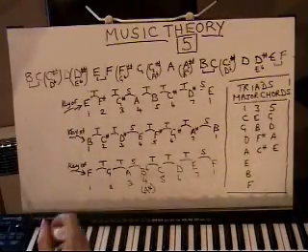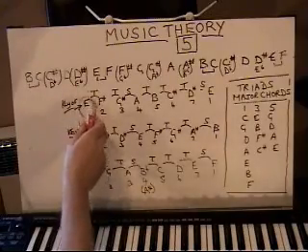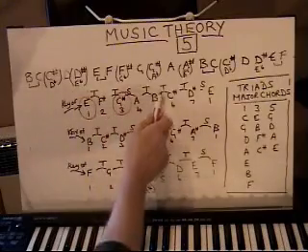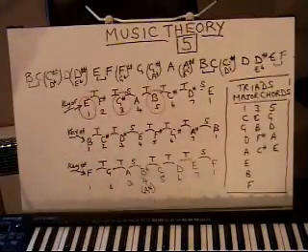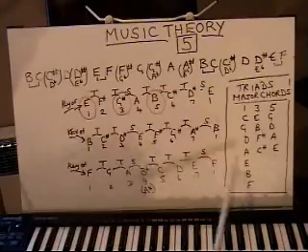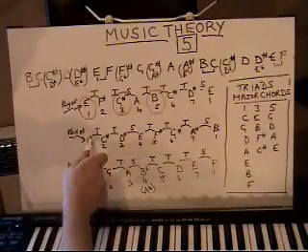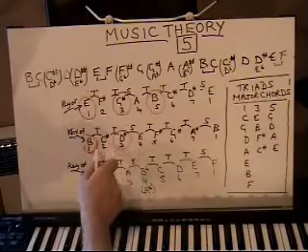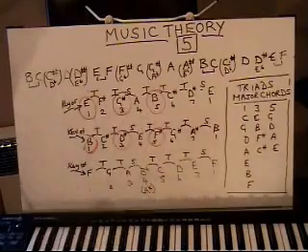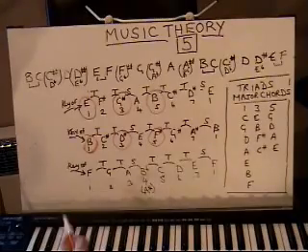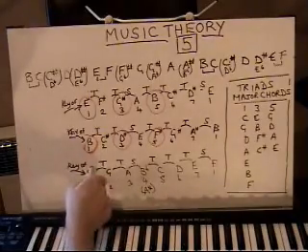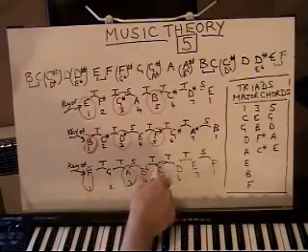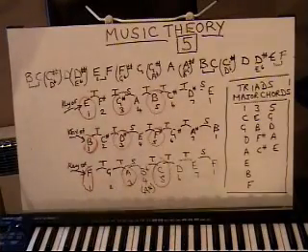So the key of E: first note is E, the third note is G sharp, and the fifth note is B. And for the key of B, I'm going to write these in a minute, B is the first, D sharp the third, and F sharp. And for F, the key of F, F is 1, 3 is A, and C is 5.